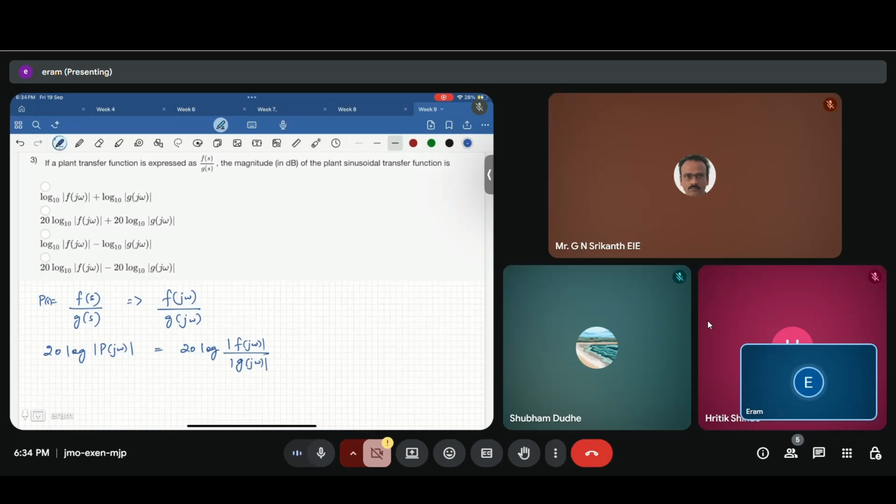Division in log equals subtraction, so it is 20 log magnitude of f of j omega minus 20 log magnitude of g of j omega. The base is 10, so the last option is correct.